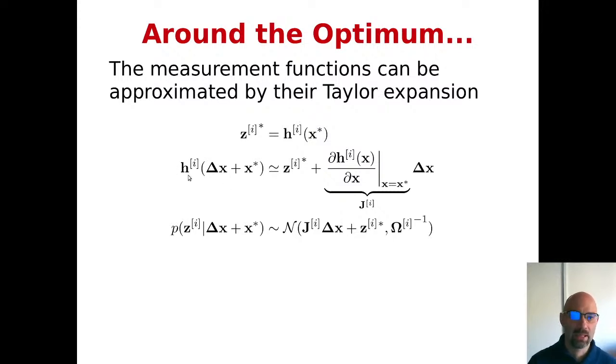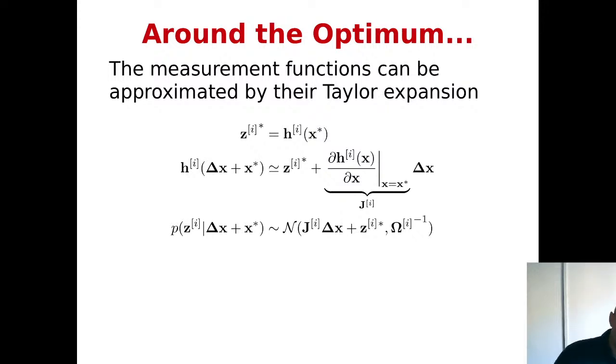So basically we write down that the prediction of a measurement at the optimum plus a certain perturbation around the optimum is equal to the value of this function evaluated at the optimum, which is Zi star, plus the derivative of this function with respect to x evaluated at the optimum. This is the derivative of the prediction. And this should sound rather familiar because it is the classical Taylor expansion.